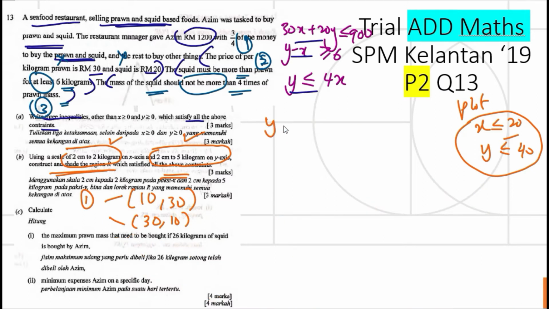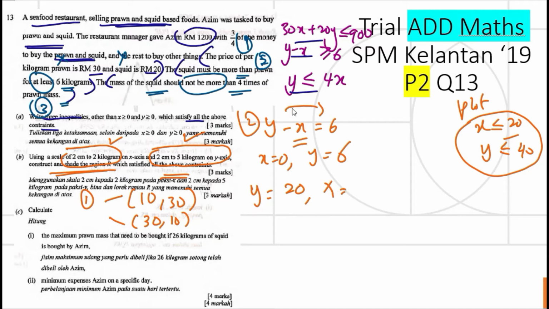Now the second line, y minus x is equal to 6. If x is equal to 0, y is equal to 6. But we cannot make y equal to 0, because then you will get a negative value of x. So you just take any number. For example, if y is equal to 20, then x is equal to 20 minus 6, which is equal to 14.